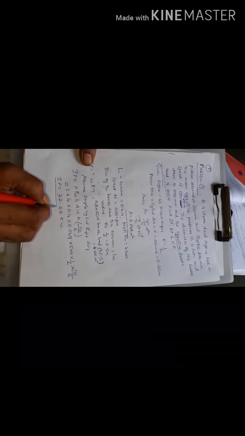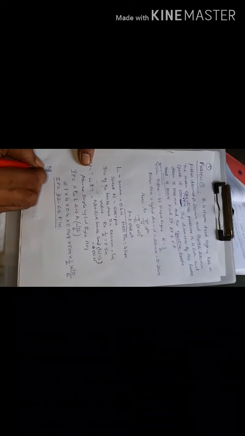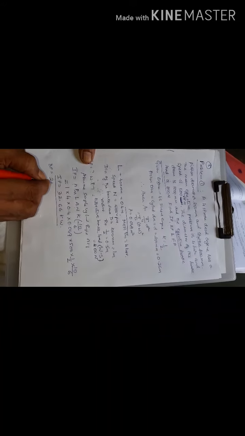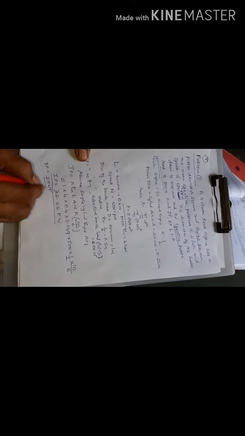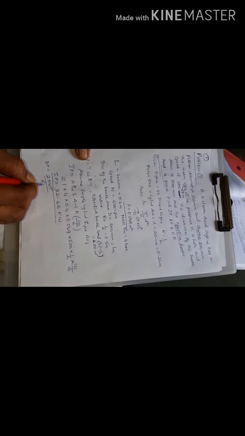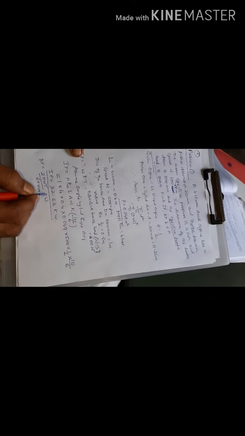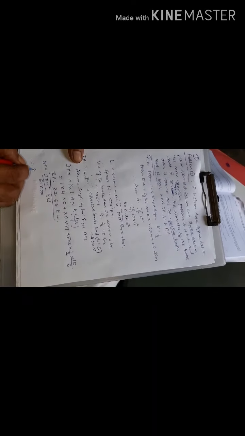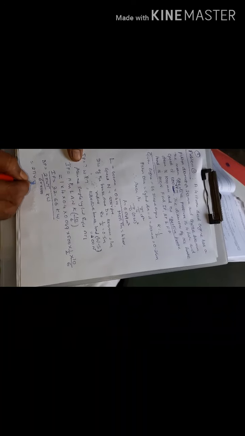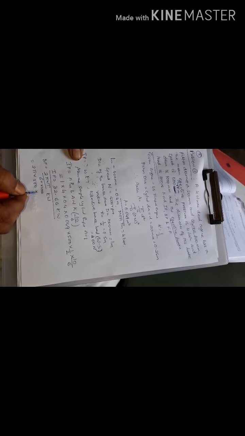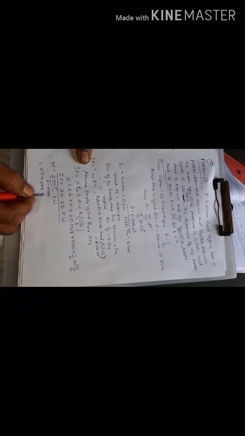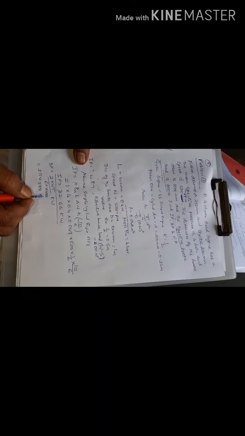Next, brake power. The brake power formula is 2 pi N T divided by 60 into 1000 kilowatt. So 2 into pi, N is 500 rpm. Now you have to find the torque of the brake drum.